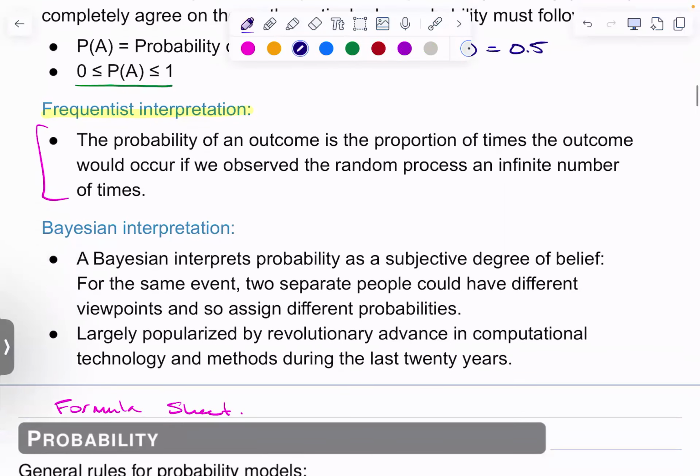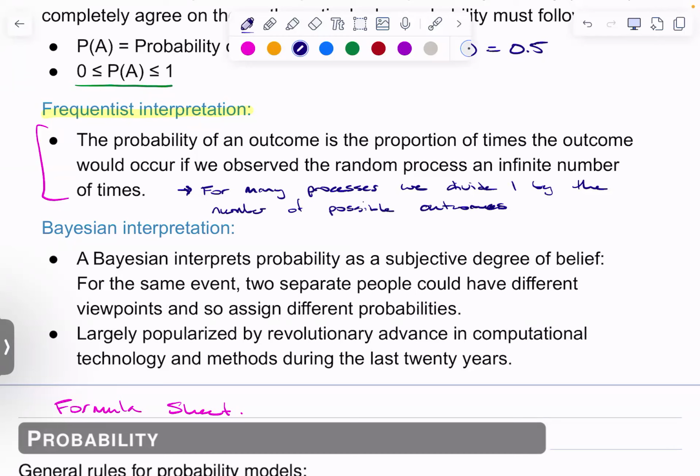So for many processes, we divide 1 by the number of possible outcomes. We take that probability of the sample space, 1, and we just divvy it up amongst all our possible outcomes.